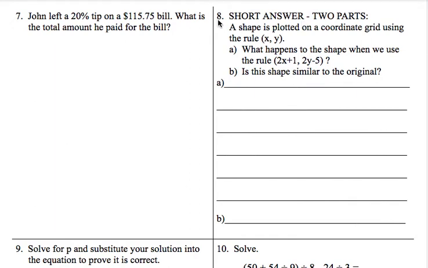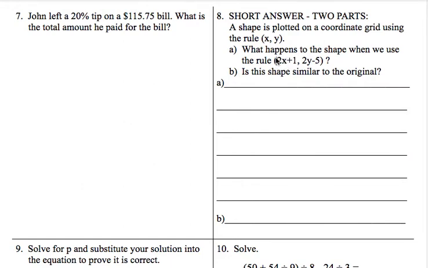Okay, number 8, short answer, 2 parts. A shape is plotted on a coordinate grid using the rule x comma y. That just means the x is the x value, the y is the y value. What happens to the shape when we use the rule 2x plus 1 comma 2y minus 5? Remember what happens way back with Mug and Mug's family?